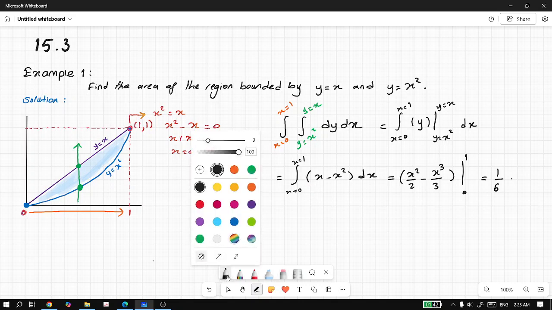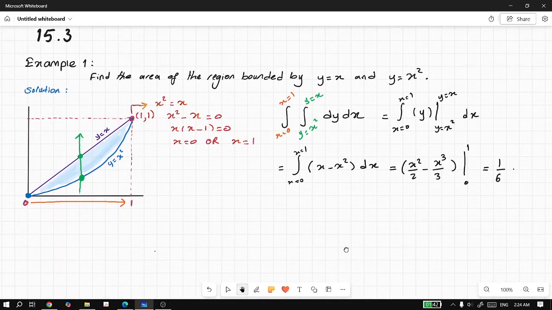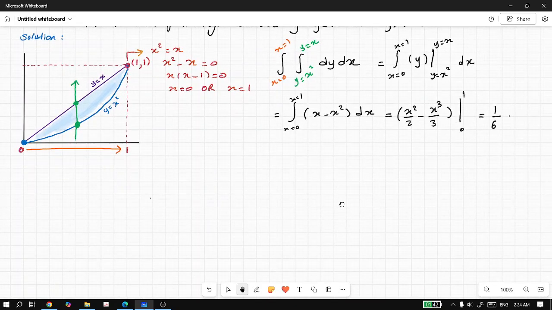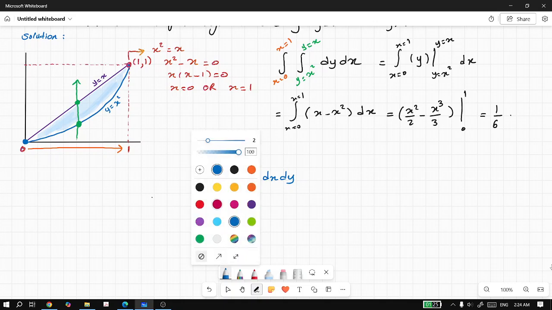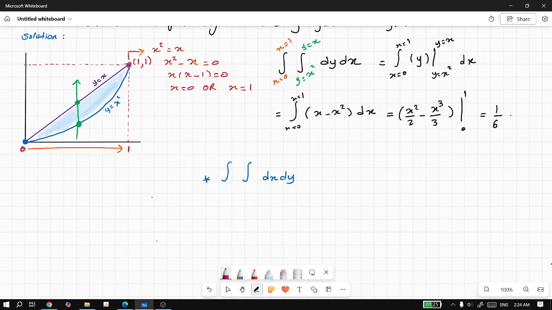Okay, how about if the order of integration is dx dy? Of course, the idea is the same. I'm solving it here just to see how we deal with it. So the integration becomes, here we will have dx dy. For doing this one, we have to draw a horizontal line.